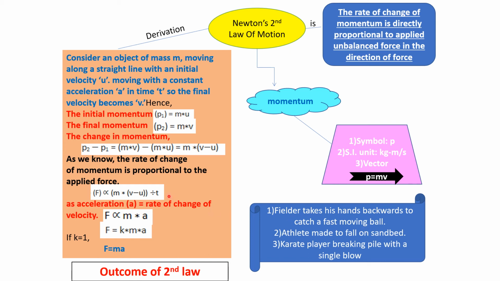See, if the time duration increases, this is in the denominator, so this rate of change of momentum decreases, right? If this rate of change of momentum decreases, which is directly proportional to force, force also decreases. So since the force decreases, he would not get hurt or he would get less hurt.